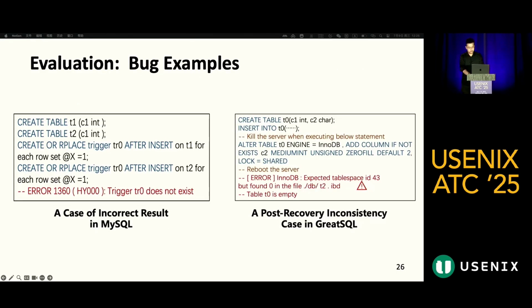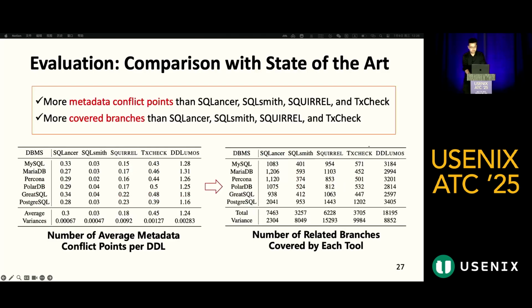Here are two examples of bugs to show how we detect atomic DDL bugs. The left one is a case of incorrect result in MySQL caused by implementation errors in metadata synchronization. The right one is a post-recovery inconsistency case in GridSQL caused by errors in rollback mechanisms.